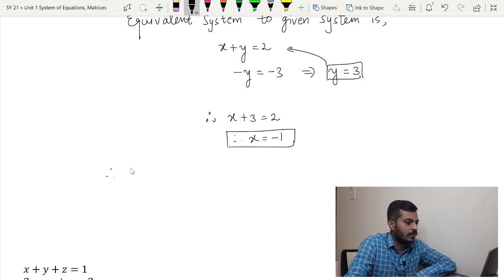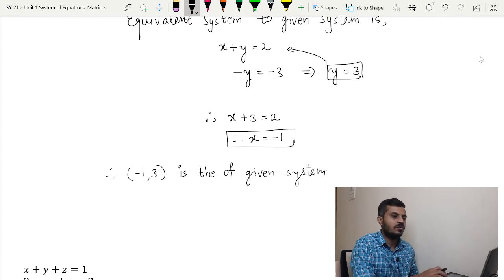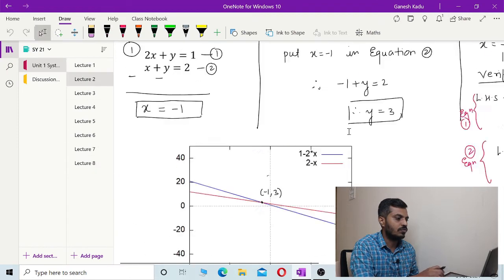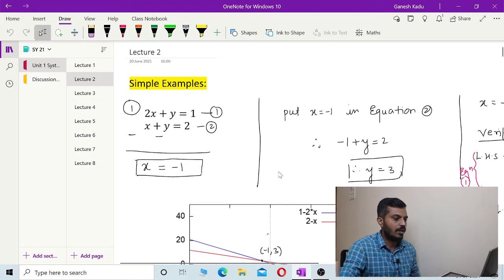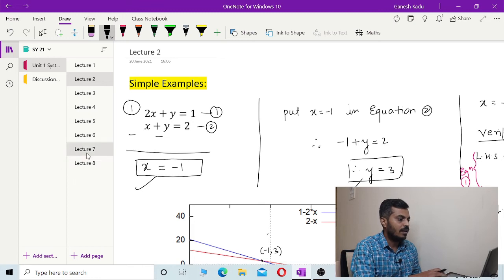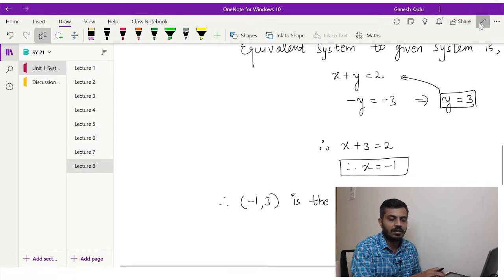So, I will say minus 1 comma 3 is the solution of the system. This exact solution we obtained in the second lecture itself, which I will show you. As you can see, minus 1, 3 was obtained by doing algebraic calculations, and this is by the echelon form, sorry, by the Gauss elimination method.